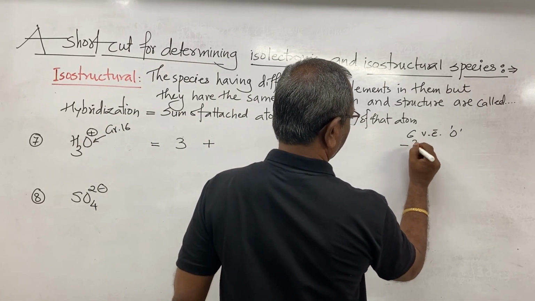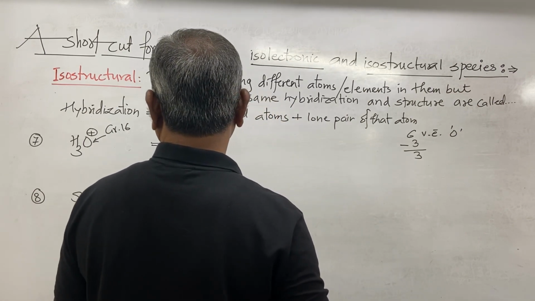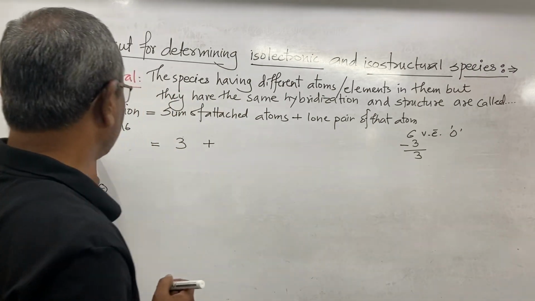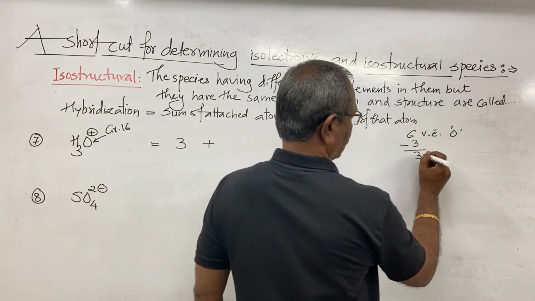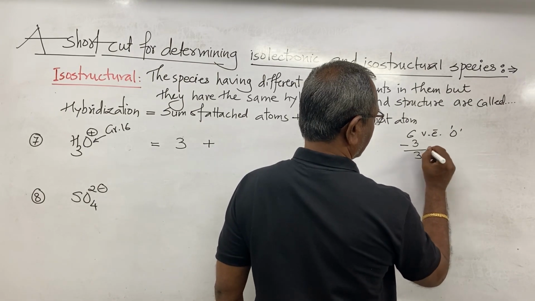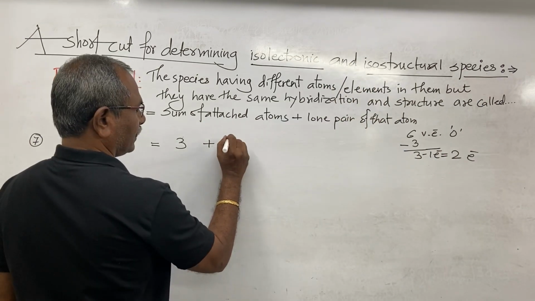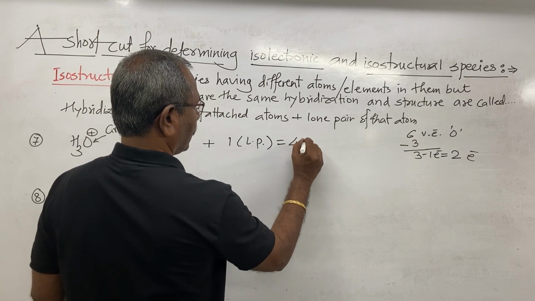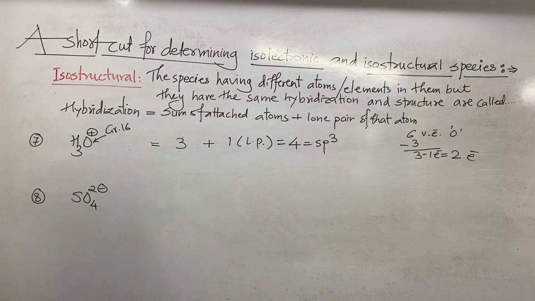So 3, correct. But here oxygen acquires 1 positive charge, means 1 electron is lost. So total 2, 1 lone pair. So it is equal to 4. So the type of hybridization in H3O plus is sp3.